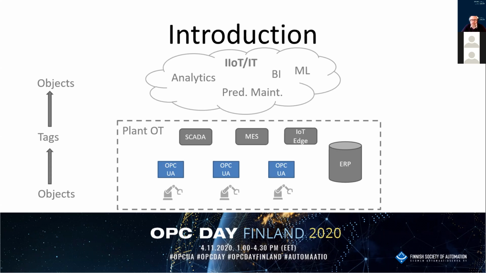And then when we want to use that information in the cloud, it's much preferable if we can get those as objects, because the cloud is of course developed by programmers that know object-oriented programming, etc. So we need to rebuild the objects in some way. So we have seen several customers that start to publish and send out tag-based information. So that means that there is a whole pile of tags, basically.